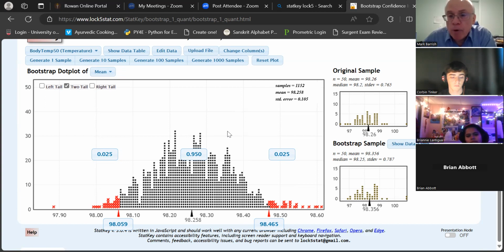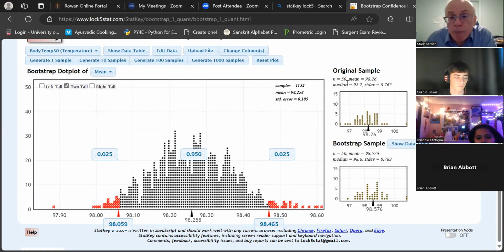And then we took our original sample mean and added plus or minus 2 times the standard error of the sampling distribution. Well, this is our sampling distribution here. Here's our standard error, 0.105. What if we multiply that by 2? We get 0.21. And suppose we add and subtract that from the original sample mean, would we get something similar to these numbers here?